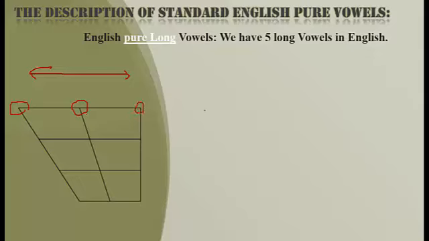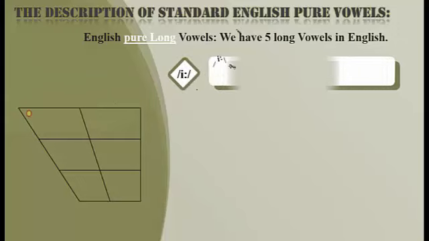That is in relation to the horizontal axis. Now when it comes to the vertical axis, this point here, when we raise our tongue, our mouth will be closed, and this point here is referred to as the mid-close position. And of course this one here is going to be the mid-open, and finally the open mouth position or tongue position.